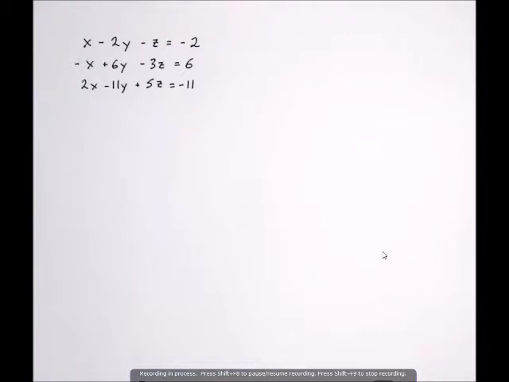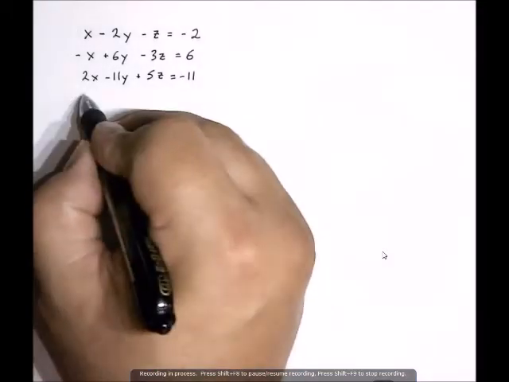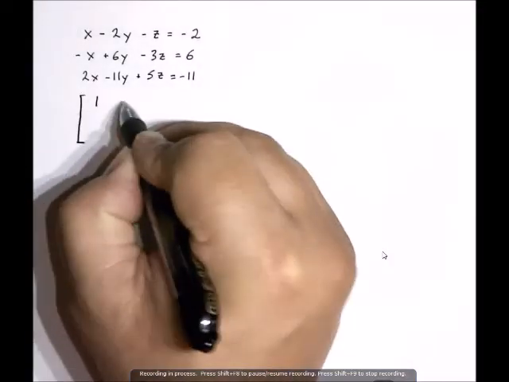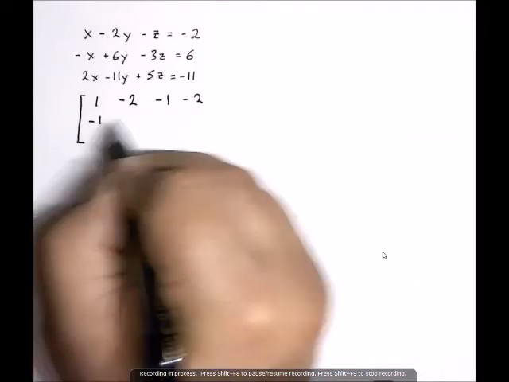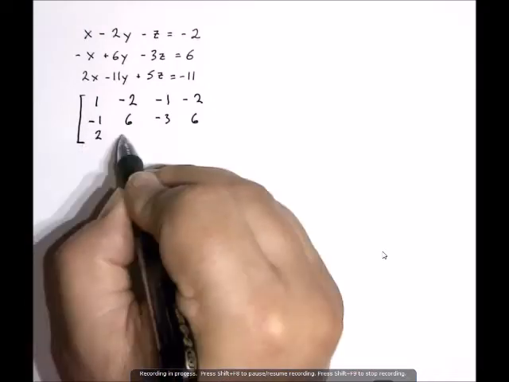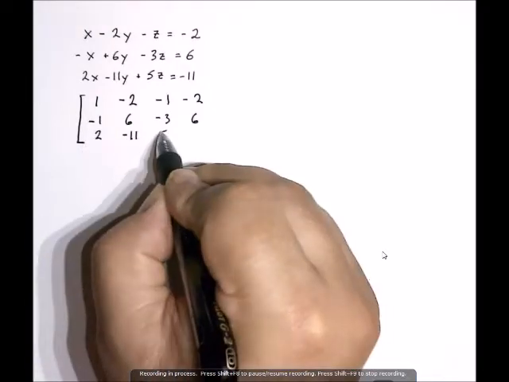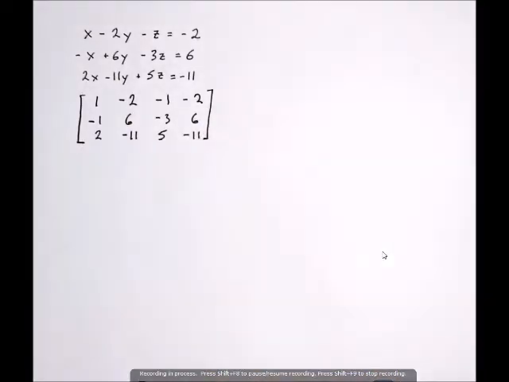The most difficult one you're going to run across is this. So let's do this one. We're going to set this up in an augmented matrix. And then I'm going to perform the reduced row echelon form operation on it.